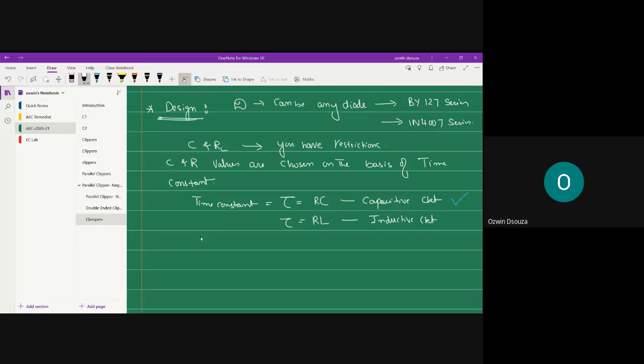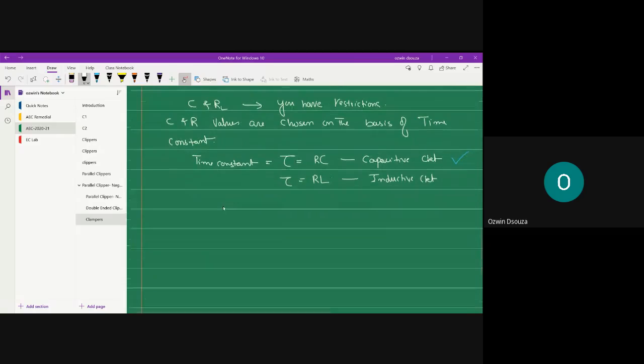And this time constant, the term, is not for the first time you are listening. In the basic electronics, you have studied about the capacitor filter. Let's say this is your rectifier.